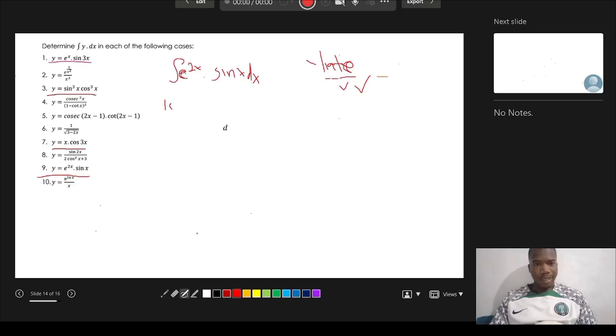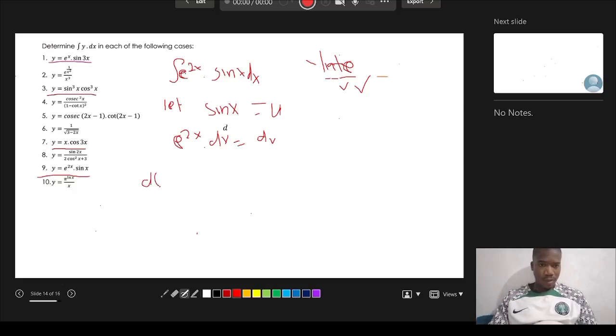So we'll say let sine x equal to u, right? And e to the power 2x multiplied by dx is equal to dv, right? Then now we have to differentiate sine x, right?